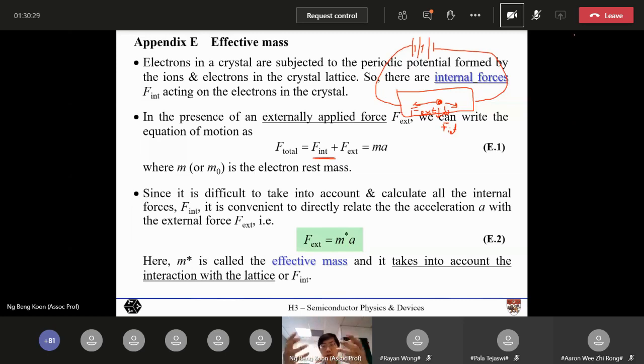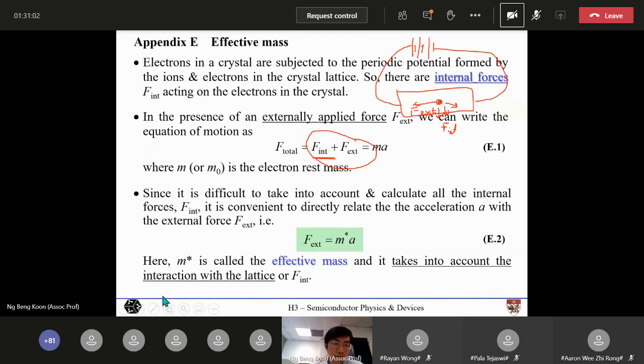The total force that the electron will experience is the sum of these two, more correctly the vectorial sum of these two components. And of course, if you apply Newton's law, it is equal to ma, mass times acceleration in the classical way. That's how we describe the movement of the electron.